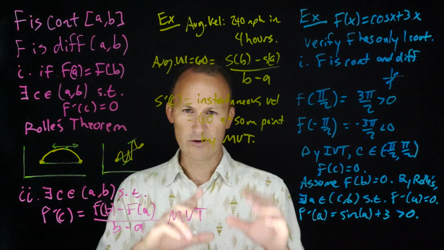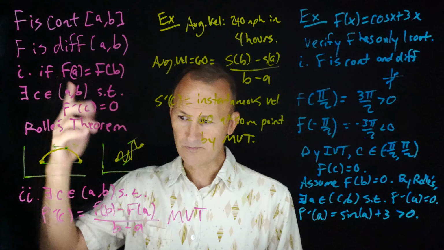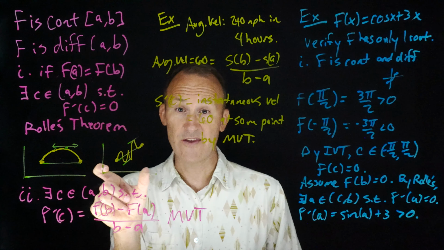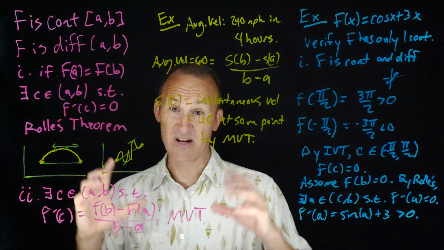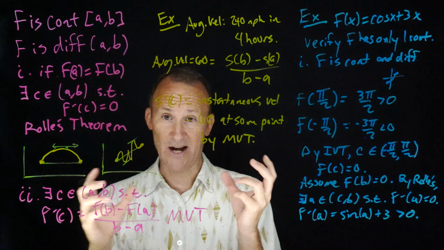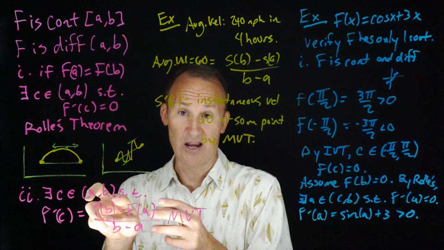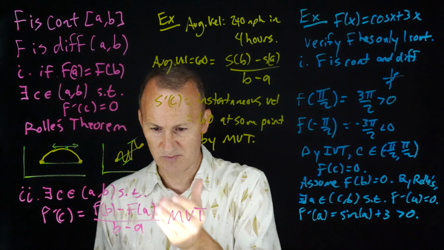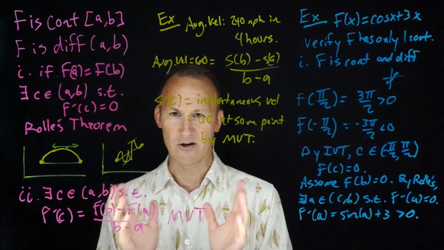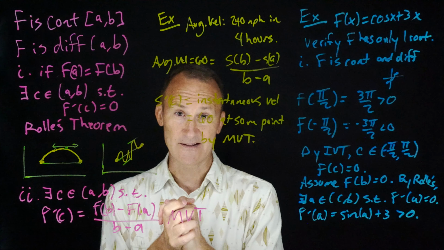To use it, you have to be continuous and differentiable. Continuity includes the endpoints a and b, differentiability does not. Then there must exist a c strictly between a and b, not including a and b, such that f prime of c equals f of b minus f of a over b minus a. Great theorem, used to prove a lot in calculus. That's the mean value theorem.